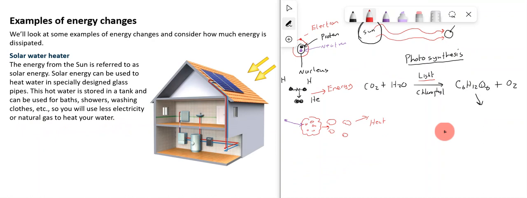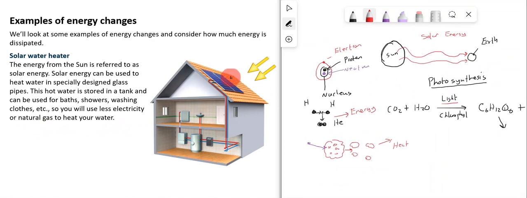Okay, so this is an example. You have, for example, this solar panel. You have this solar energy that's coming from the sun, and the water flows through this panel and it gets heated up. So the heat from the sun is exchanged into the water, and that heats the water. And then we can use that water to, for example, heat a radiator, and then that energy will heat the room and keep the room warm.